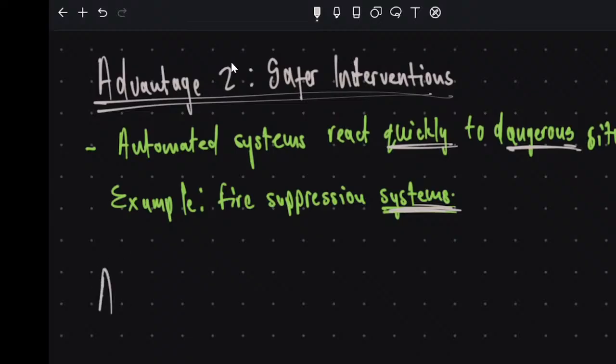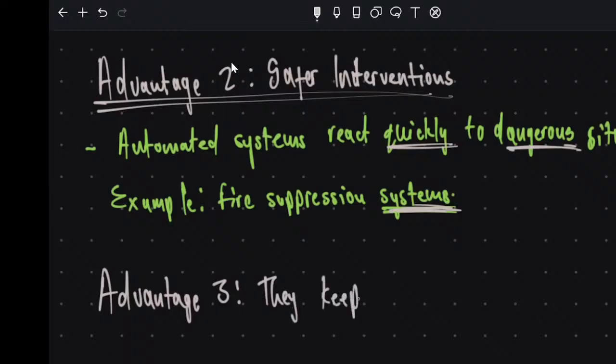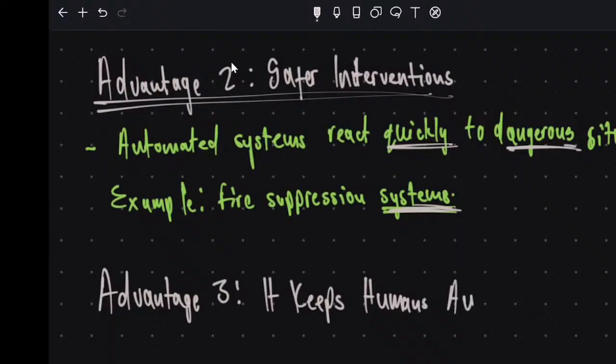Advantage number 3 is that this automated system keeps humans away from danger.